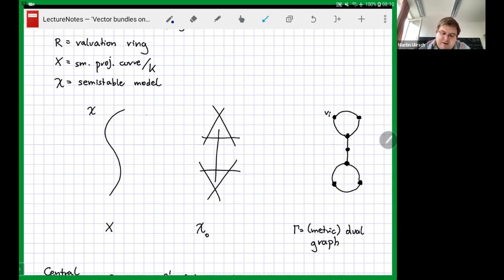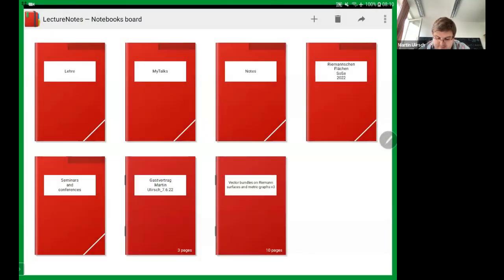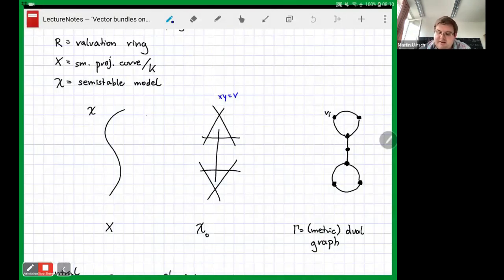And well, then if you look a bit more carefully, you also will see that, locally in the model, you will see that the equation in the whole family is given as x times y equals r, where r is an element in the valuation ring.